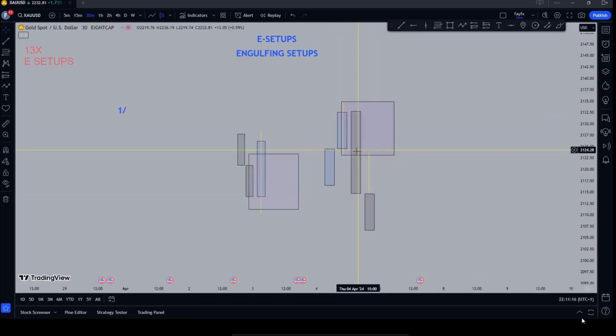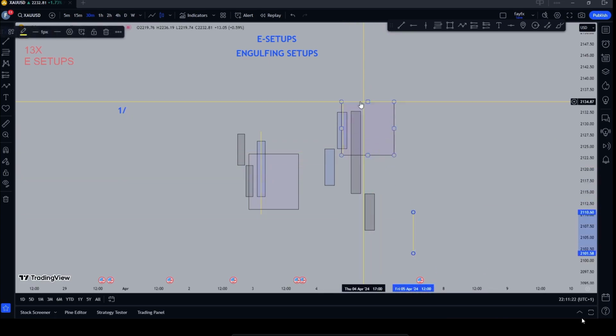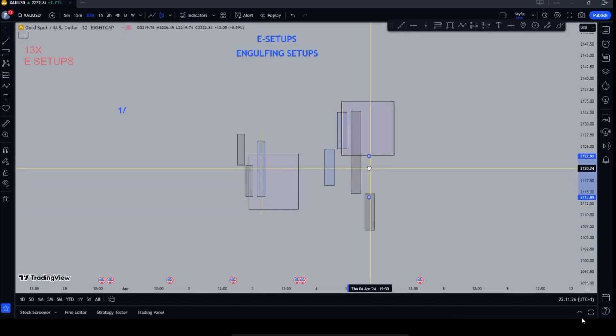This is unfresh. We only use fresh engulfing candles. If an engulfing candle is unfresh, we are not using it.